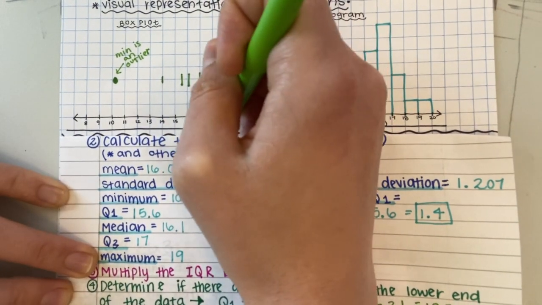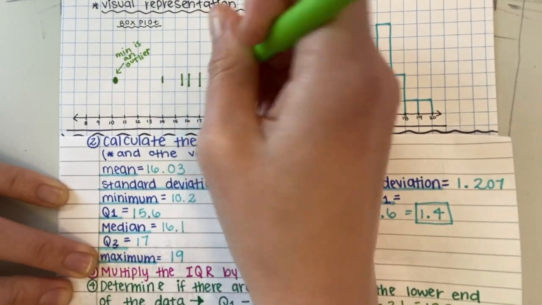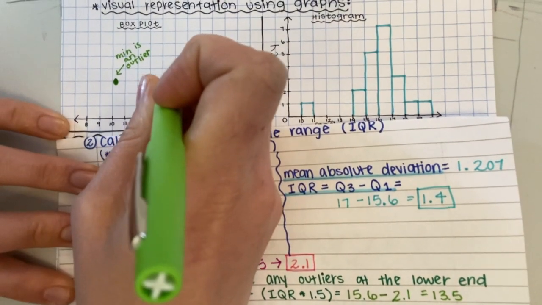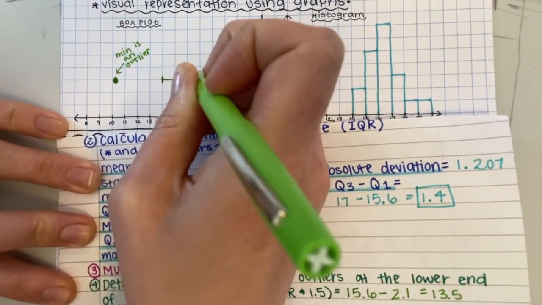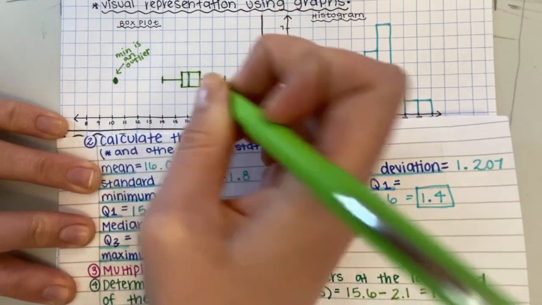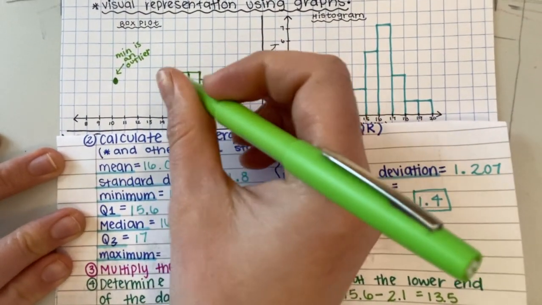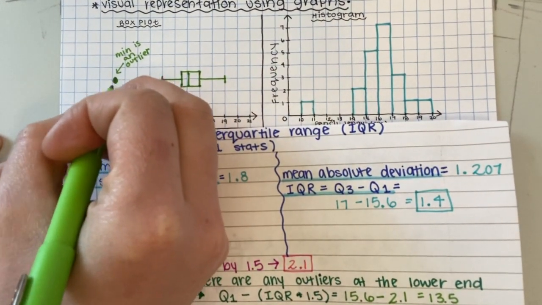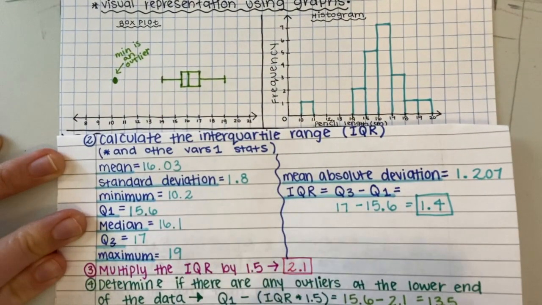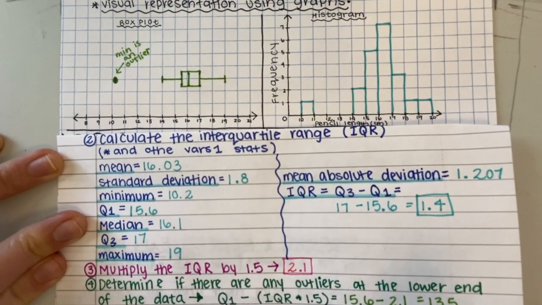And we've got our maximum, which is 19. So besides that outlier, everything falls pretty close together. This is a really good way to demonstrate, okay, this is my box plot and my whisker could be all the way down here, but I can also just represent that with a dot showing the outlier.